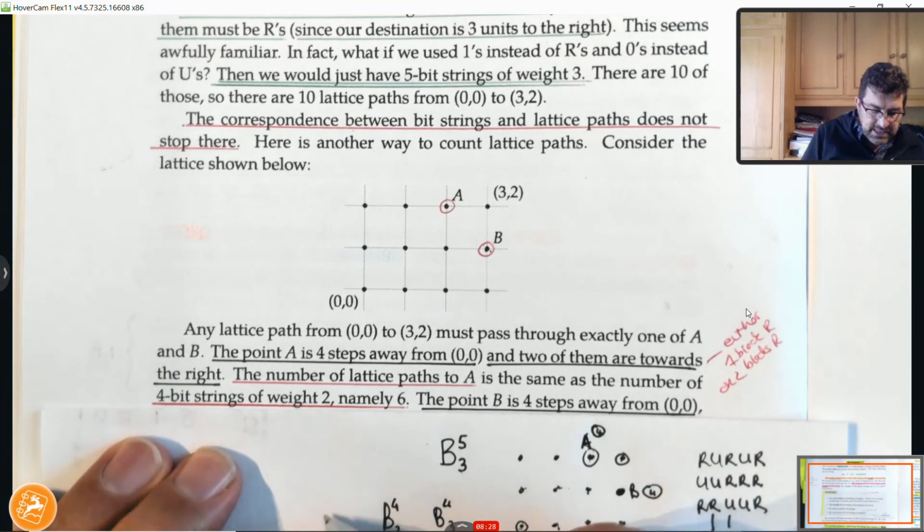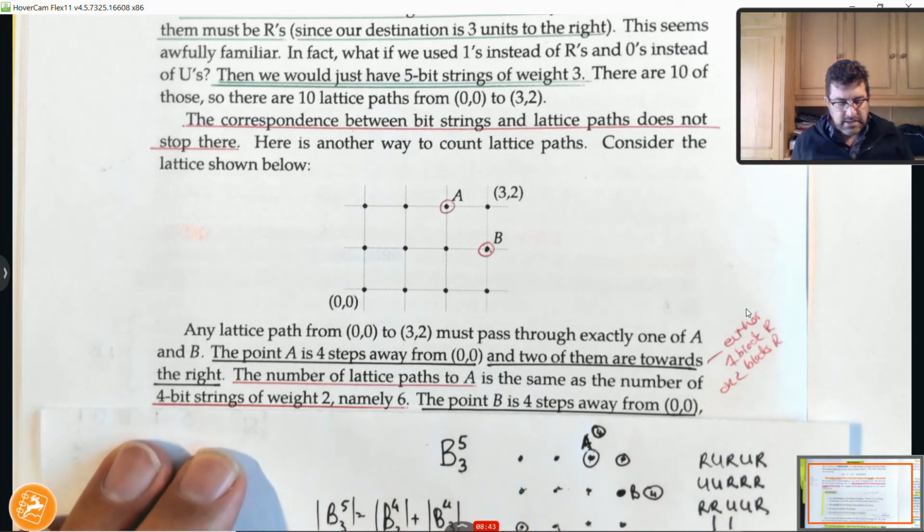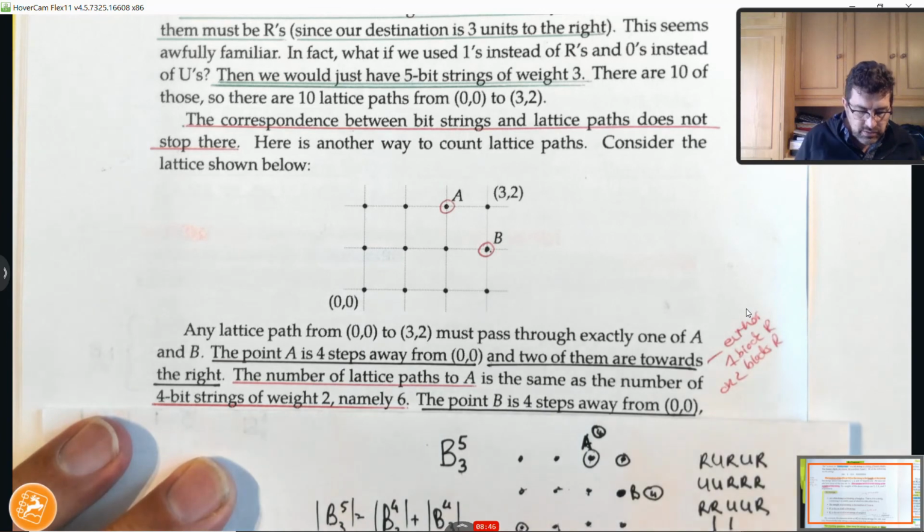And we see exactly what happened before. If we look at the cardinalities of these sets, we again have 6 of those, we have 4 of these, and together there's 10 ways to do that.